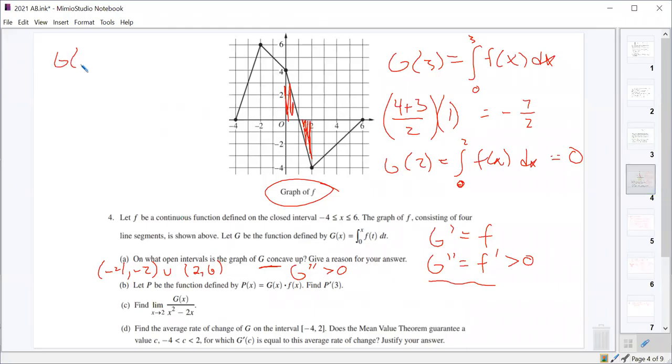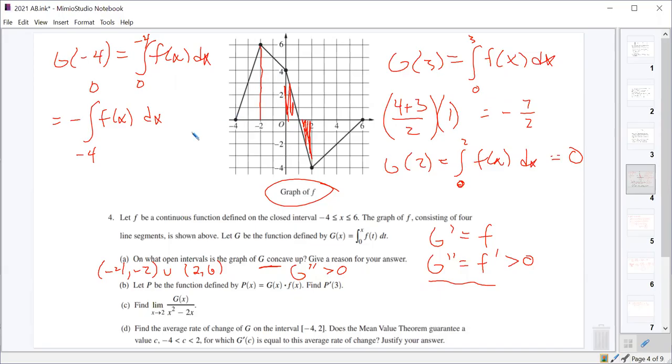No. So g of negative 4 ought to be the integral from 0 to negative 4 of f, which will make the opposite of the integral from negative 4 to 0 of f of x. Then we've got to figure out what that area is. Probably easiest if we split that into a triangle and a trapezoid.